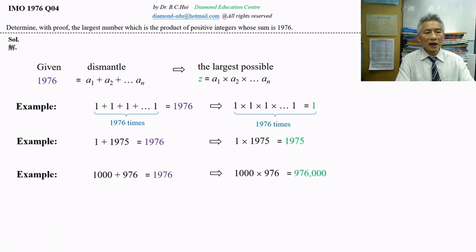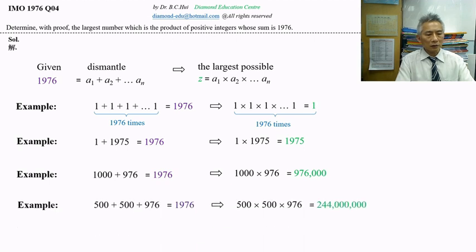We can divide 1976 into two parts, 1000 plus 976, and get a larger product. A better way is to divide 1976 into three parts, 500 plus 500 plus 976, and we get a much larger product. And we want to get this product as large as possible.